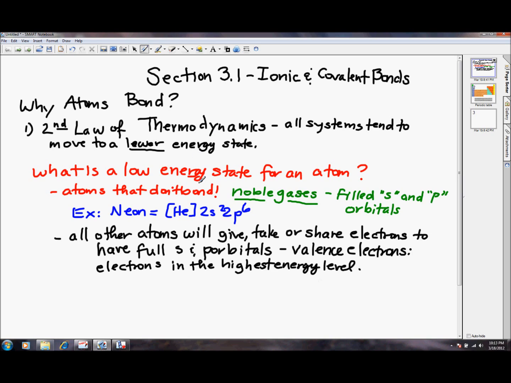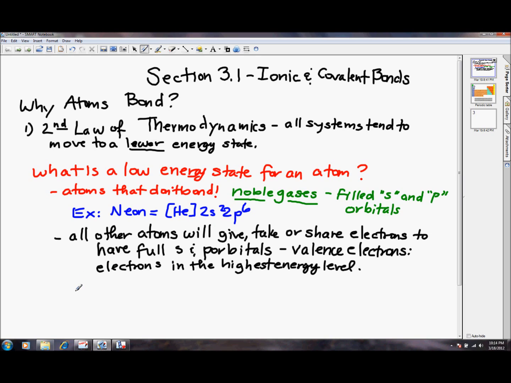Well, if we look back up here at neon, we can see that neon has electrons in the 1s, that's the helium represented here, and it has electrons in level 2, and those are the 2s orbitals and the 2p orbitals. Those are in the highest energy level. So these 2 are valence electrons, and these 6 are also valence electrons. So neon has 8 valence electrons.